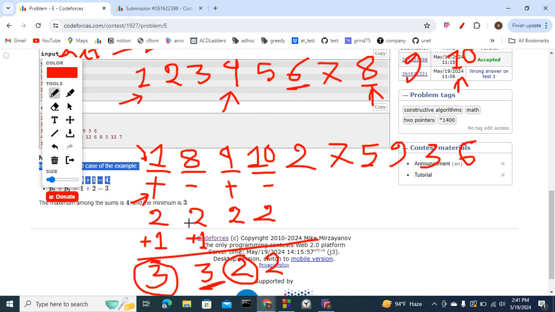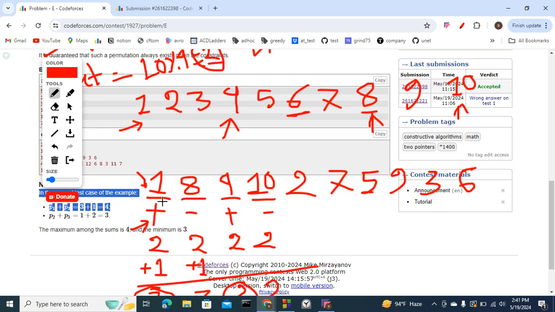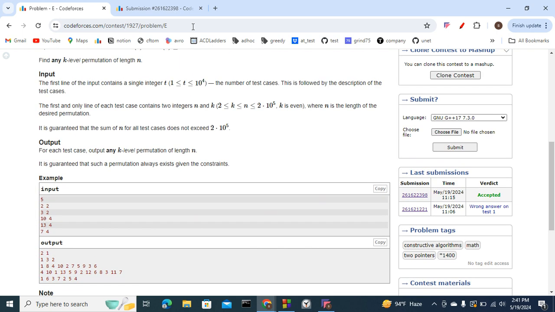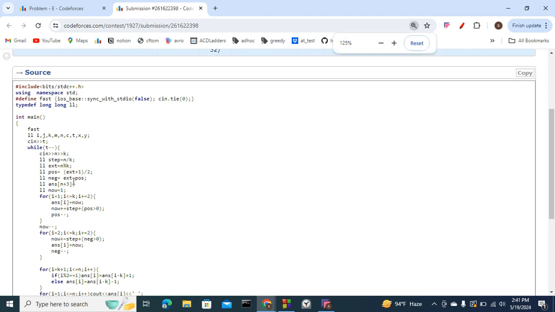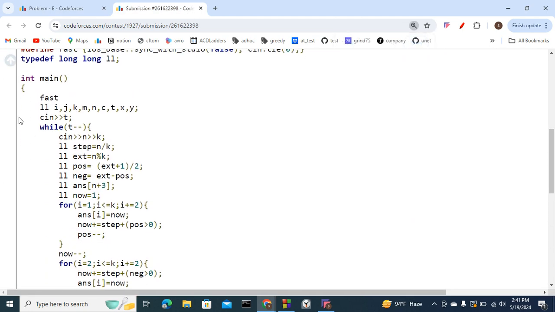So how can we do it in code? Let's see it. First of all, we take the test cases, then the values of n and k, then we compute the steps and extras. Now suppose extra is 3.